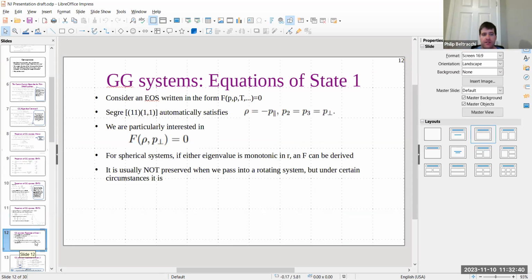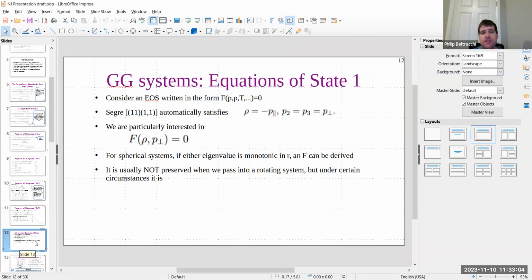So we've analyzed the general structure of the energy momentum tensor, and we determined that it has a specific Segre type. So it automatically satisfies that the density is equal to the minus of the parallel pressure, and the two perpendicular pressures are equal to each other.